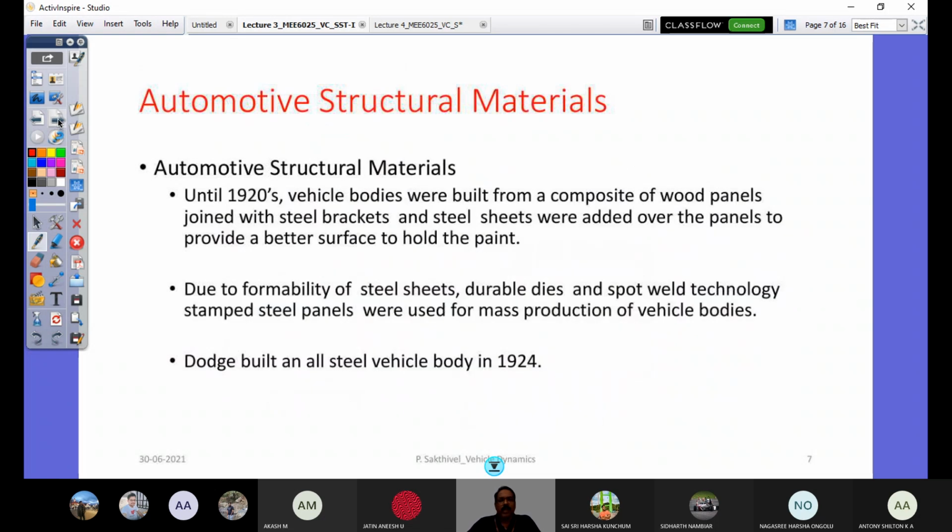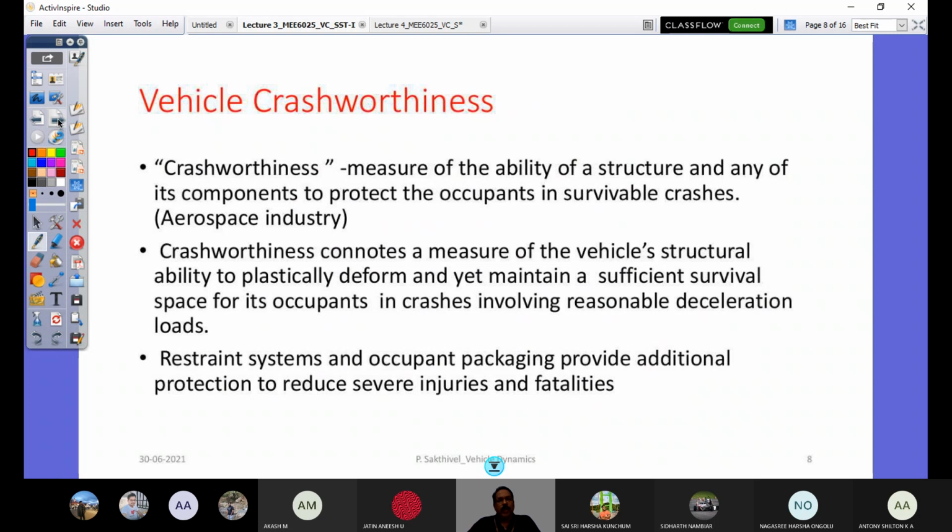Then we looked in detail at how automotive materials have evolved over the years. How do you define the terminology crashworthiness? It started in the aerospace industry with the first definition, and then it was also defined for the automotive industry. Restraint systems and their importance, all that we have seen.